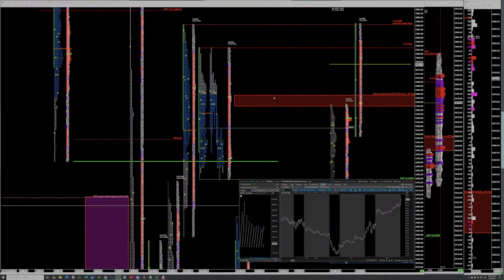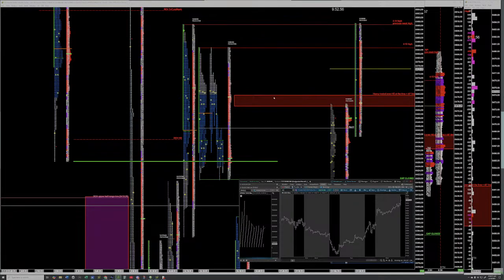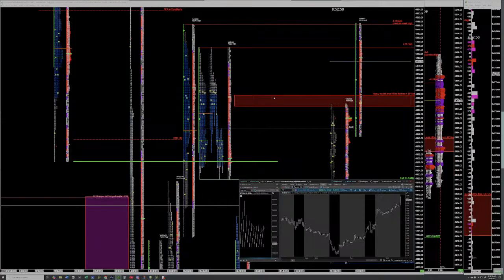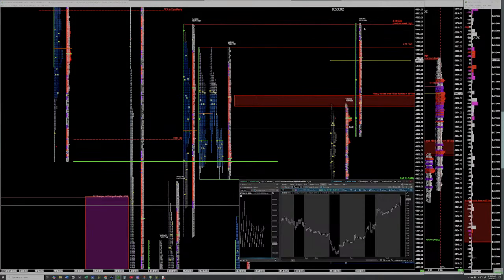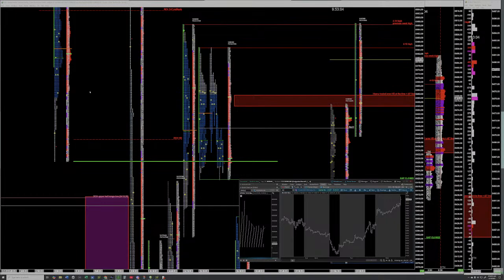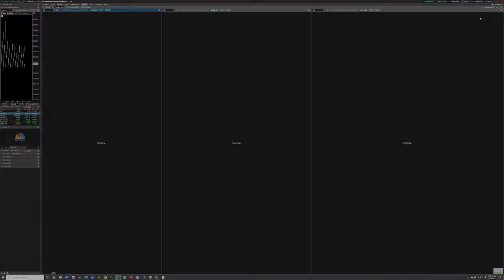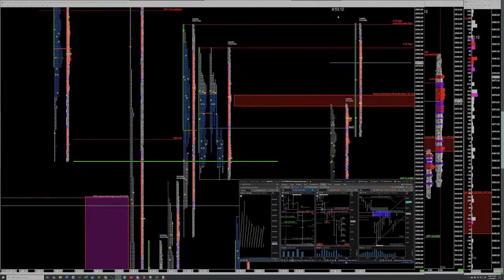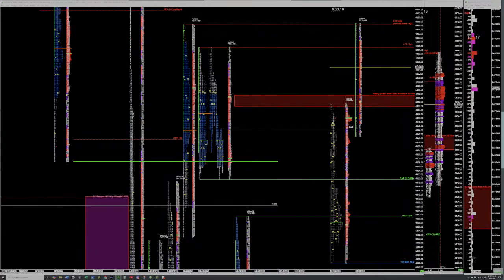Most people don't carry information. They just put something there and forget about it. Now, this weekly high has been taken. Okay, I need to pay attention to what's happening now.